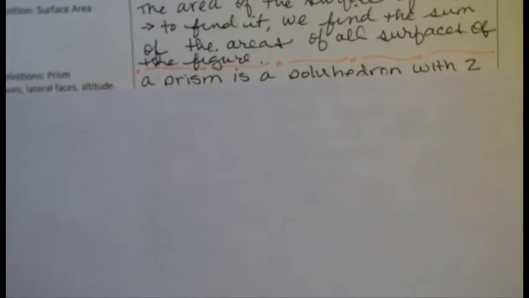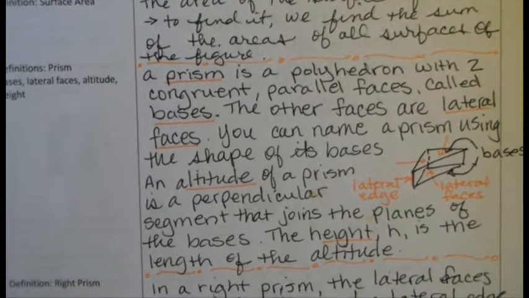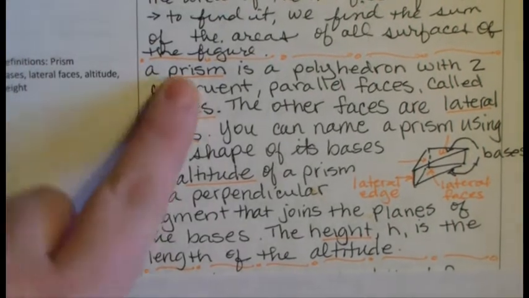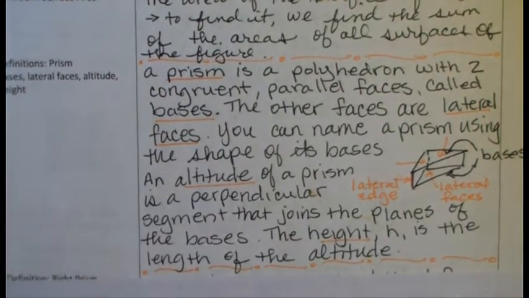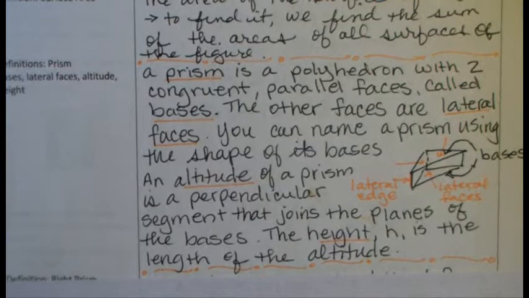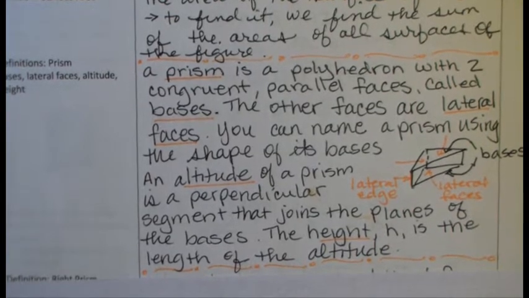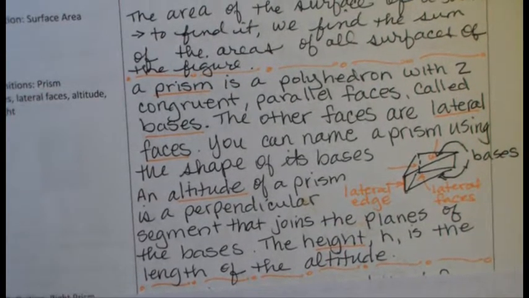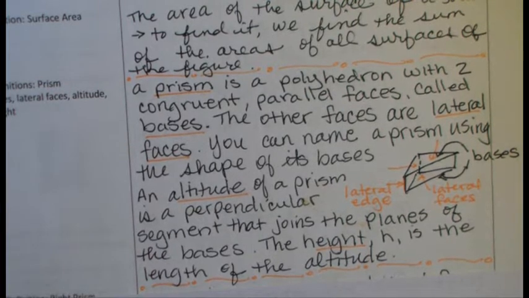So first, let's define our first three-dimensional figure as a prism. All right, so the underlined words, those are vocabulary. A prism is a polyhedron with two congruent parallel faces, which we call the base, or the bases. The other faces are called the lateral faces, and those are rectangles or squares.